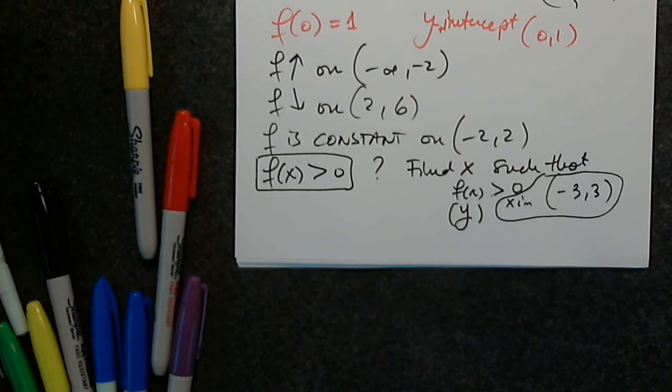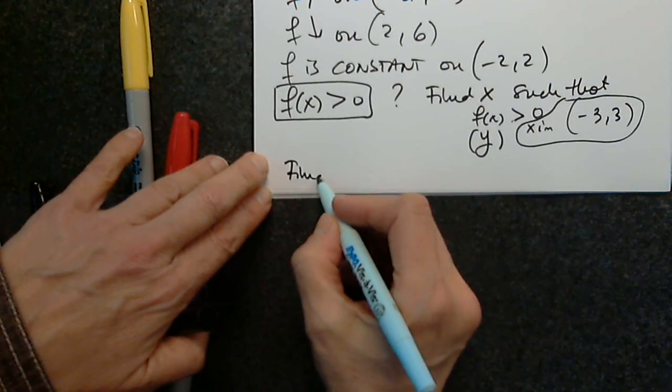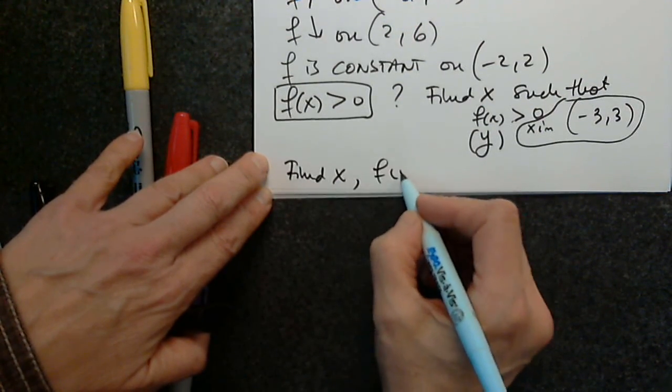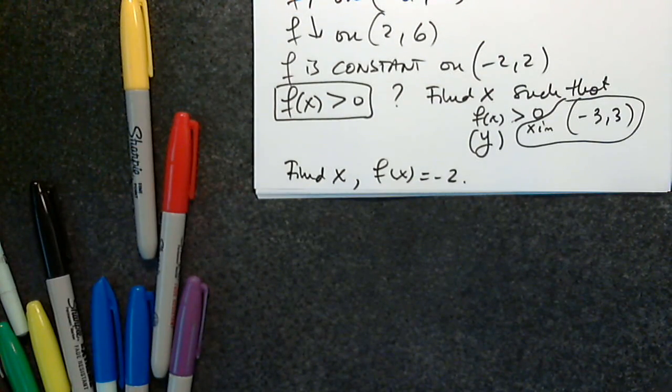Find the values of x for which f of x is -2. So find x for f of x being -2. Like last time, what does f of x equals -2 mean? What do I have to draw when I'm told f of x equals -2? Exactly.